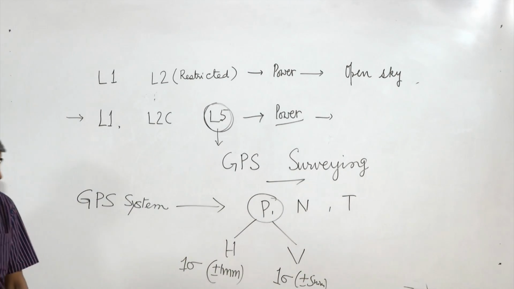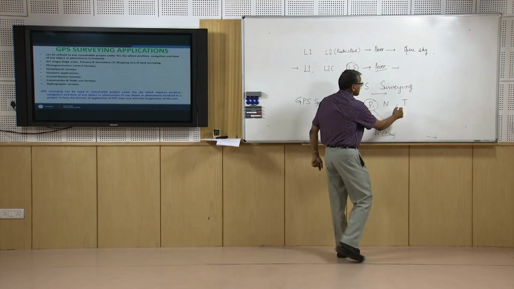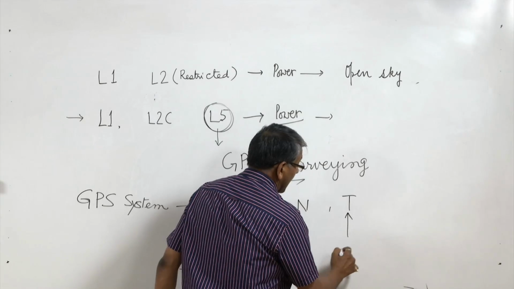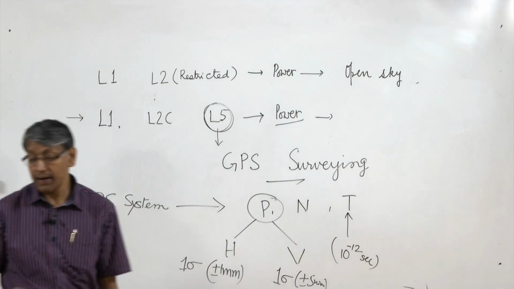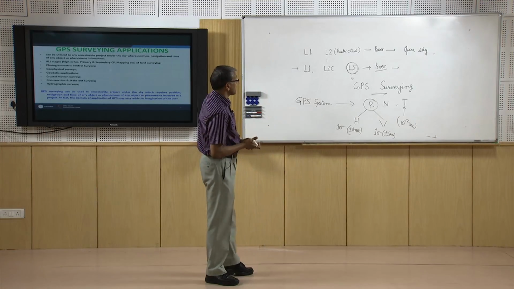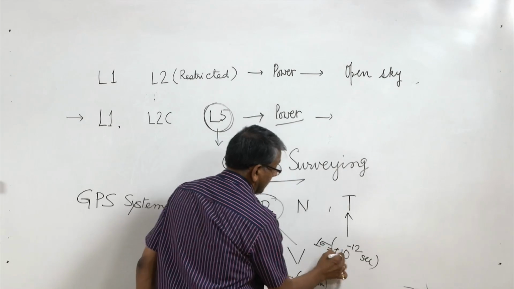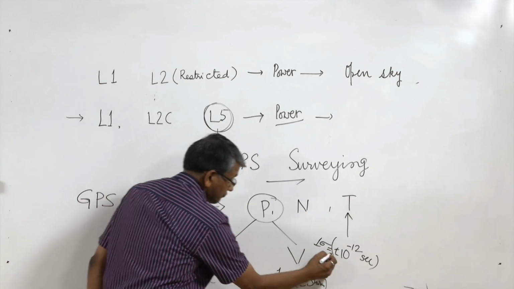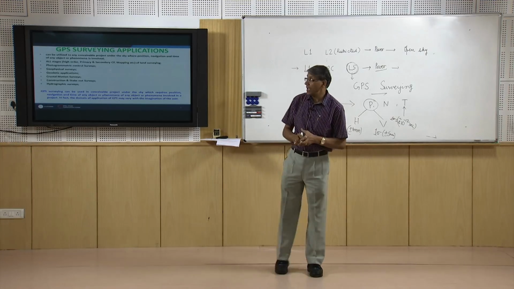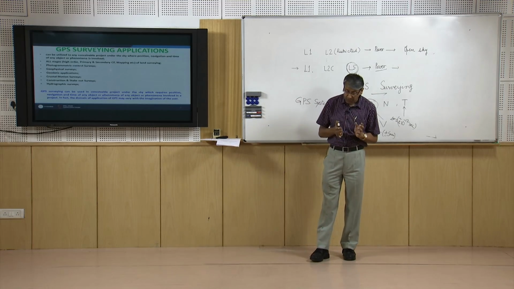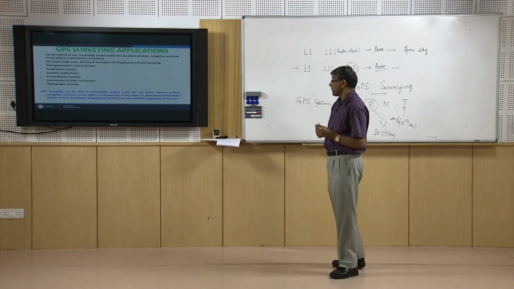This is the kind of accuracy we can achieve easily using the GPS system, and in time we can achieve accuracy of the order of 10 to the power minus 12 seconds. So nowadays any work that involves the measurement of position, navigation and time, GPS is the best solution.